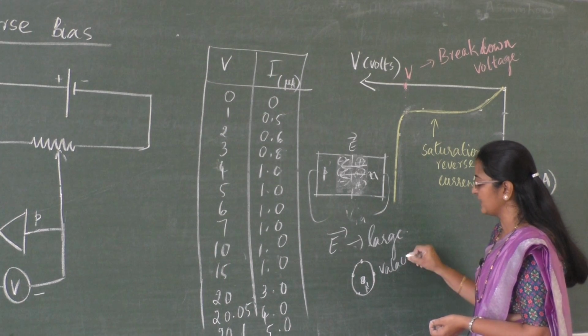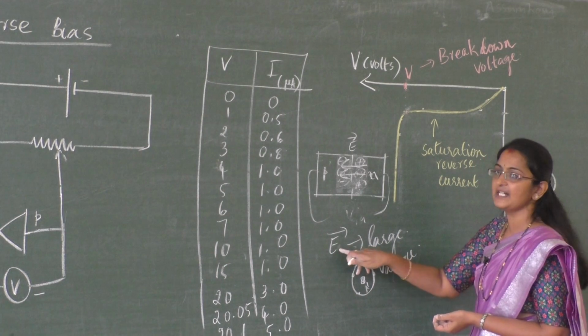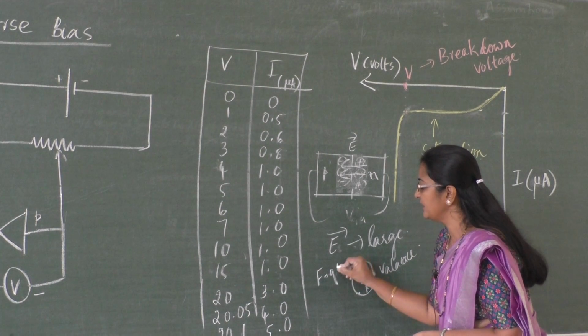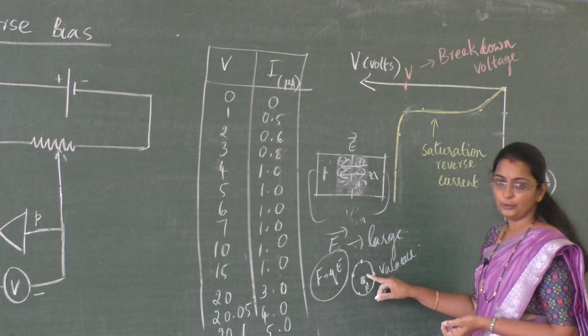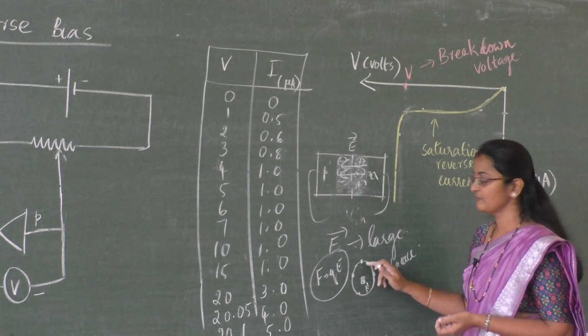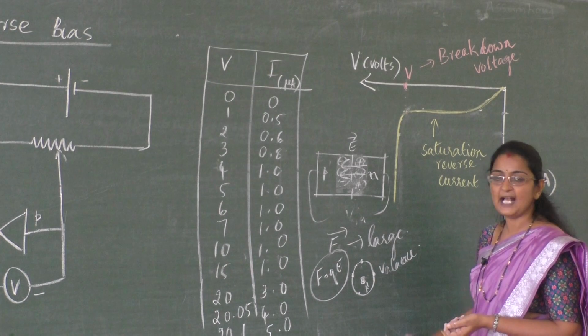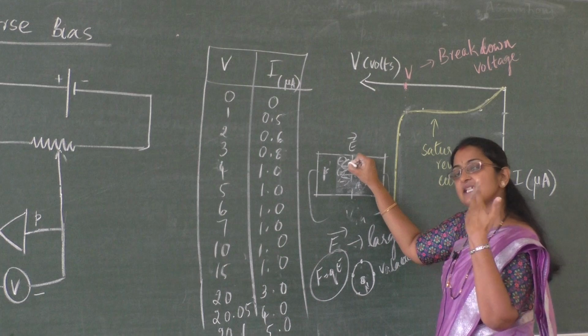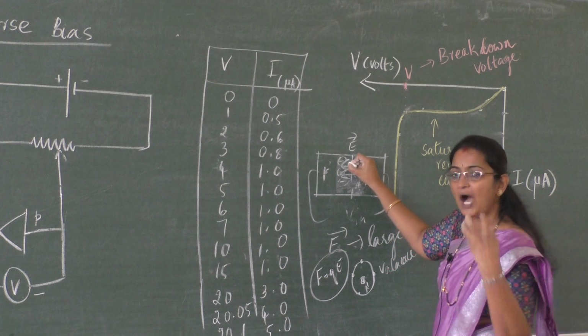These valence electrons gain energy from this electric field, and they experience the force F equal to QE, and they are forced to move out of their orbit. It gets ionized.